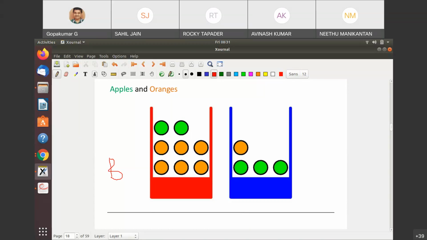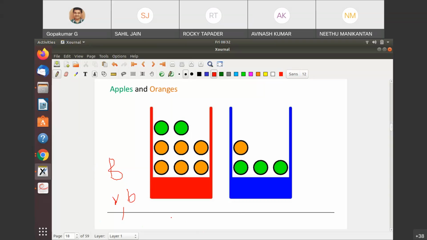But I assume that the box is a random variable which can take two values, either red or blue. So those are the two values that can be taken by the random variable B.